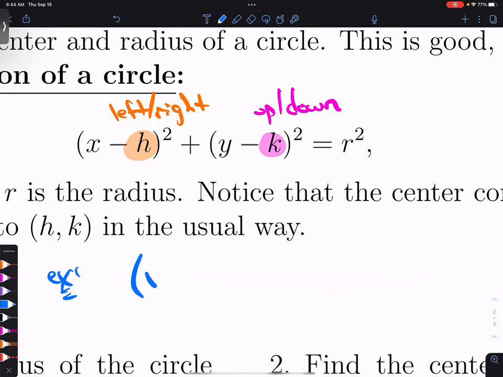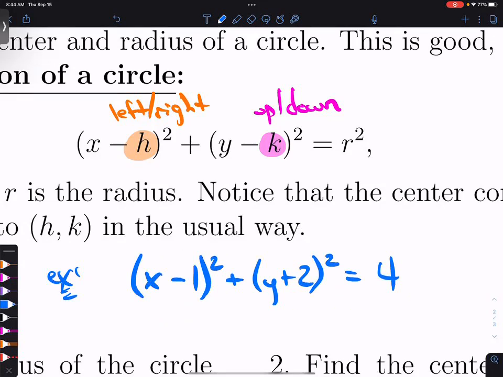So for example, (x - 1)² + (y + 2)² = 4. This would be a circle where the center is... here, it's like a shift to the right by 1. So the x coordinate is 1.